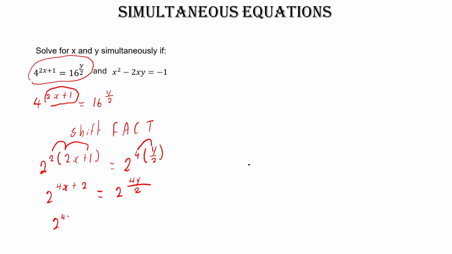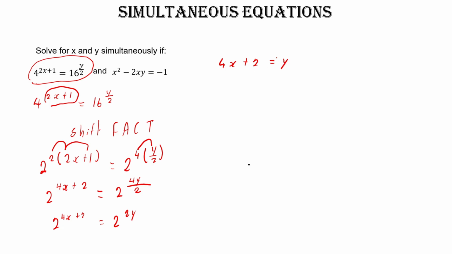So 2 to the power of 4x plus 2 is equal to 4y divided by 2, that's just going to be 2y. Then you know that when the bases are the same, the base stays the same and you drop the exponents. So you have 4x plus 2 is equal to 2y.